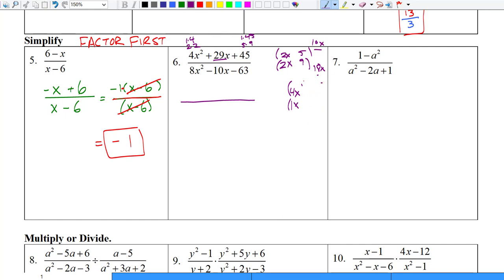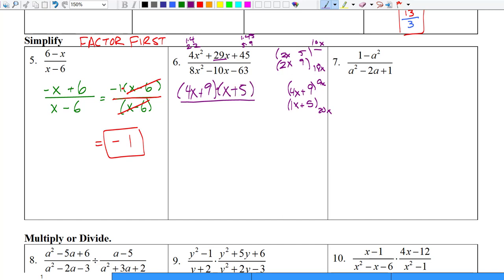Let's flip those around maybe. Okay, what about if I put the 4 next to the 9? So that's 20 and 9, and that will add to 29 with both positives. So the numerator factors into 4x plus 9 and x plus 5.